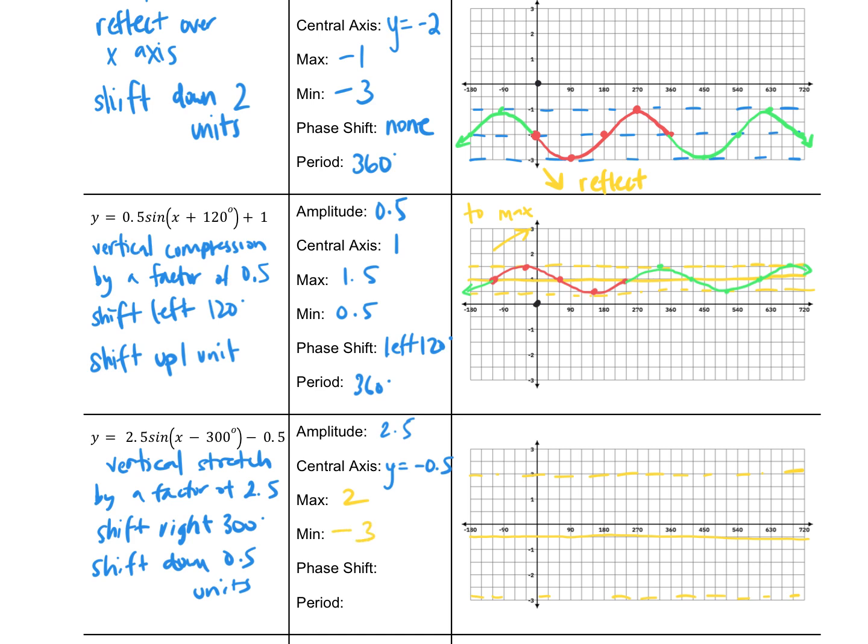Now my phase shift is right 300 degrees, and the period is 360. So I know I'm going to start on my midline because it's sine, but I have to go 300 degrees to the right. So right here, that should be my starting point. Oh, actually, I'm going to do this one with transformations. Never mind. I'm going to draw my base function first.